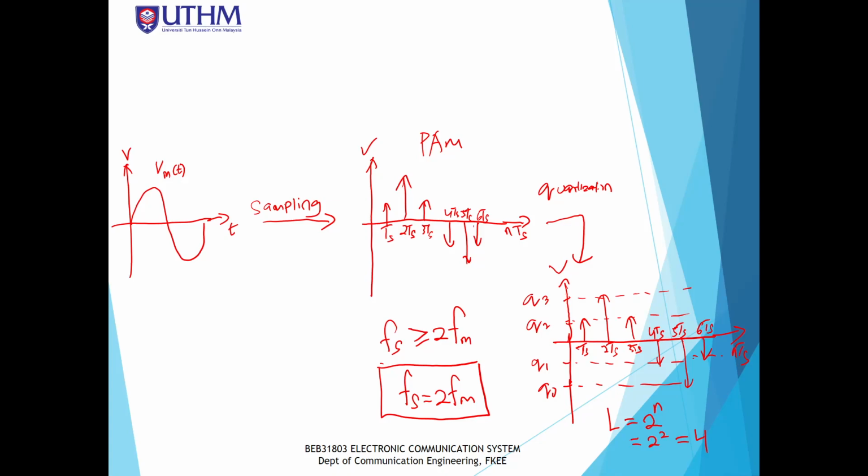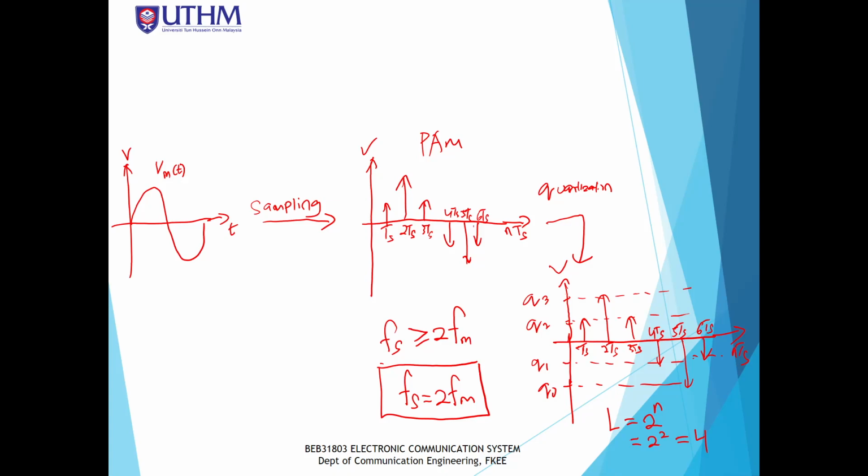As I mentioned earlier, the more quantization levels, the better. If we have many quantization levels, the rounding up process would be very small, and the error that we produce would be very small, which is better.